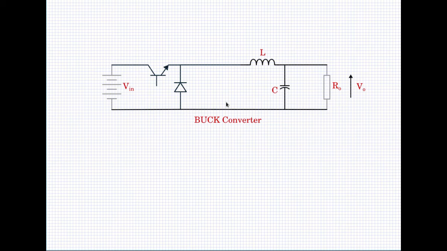All buck-derived converters will have the output portion which is like this: the diode, inductor, capacitor, load combination. This portion will be the prominent feature of the output side of all buck-derived converters. There will be change in the input portions. So let us start first with rearranging some of the components and see where we can put the transformer.